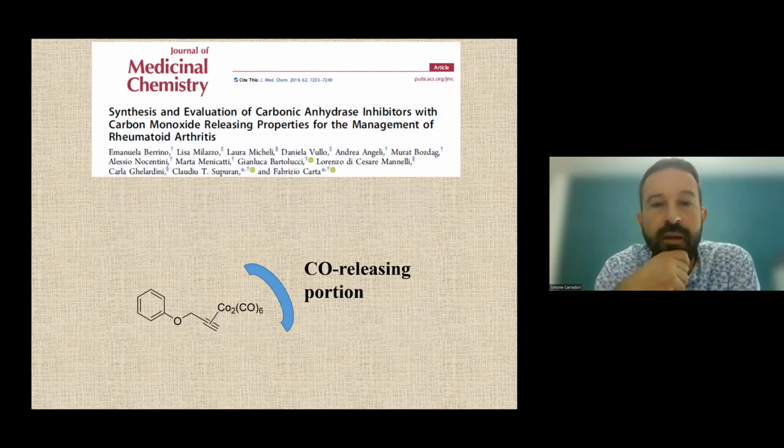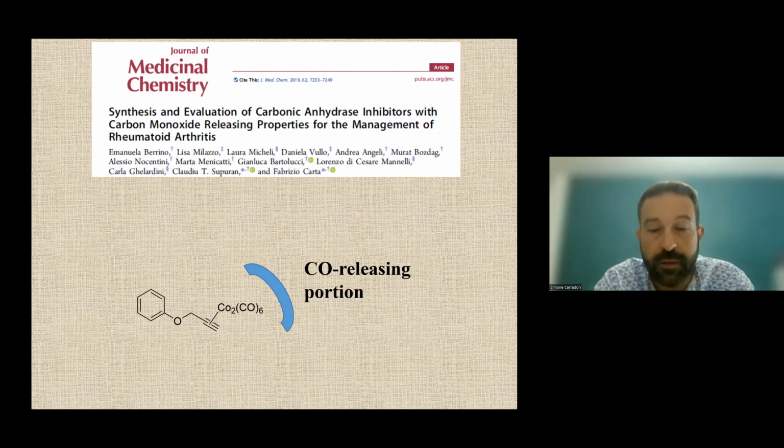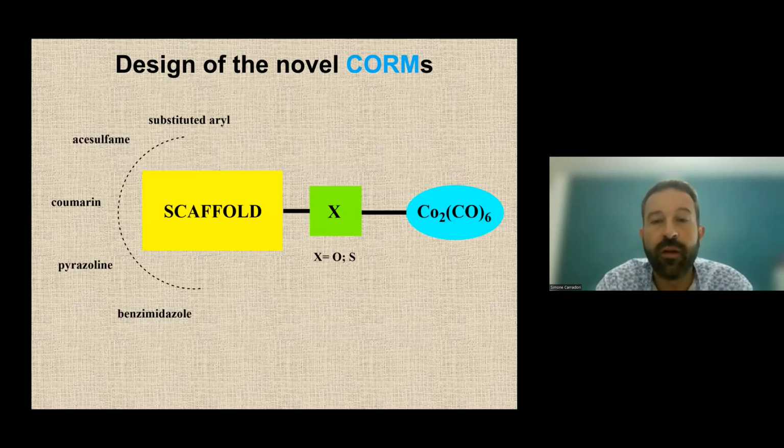Starting from a specific paper of Professor Supuran of the University of Florence, with whom I collaborate, and the importance of these compounds regarding the management of specific inflammatory diseases, we decided to design novel cobalt-based CORMs, keeping constant the dicobalt hexacarbonyl as the releasing agent, connected through a heteroatom as a linker, which can be oxygen or sulfur, to an organic scaffold.